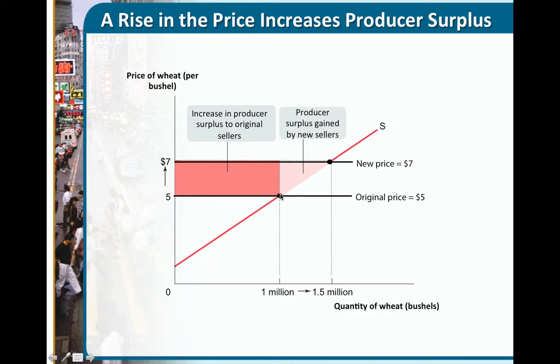You'll have to calculate this area of base times height for the rectangle as well as for 1/2 times base times height for this triangle when you are actually calculating something. And again, it's just like the demand curve and consumer surplus, only it's flipped around since it's the supply curve.